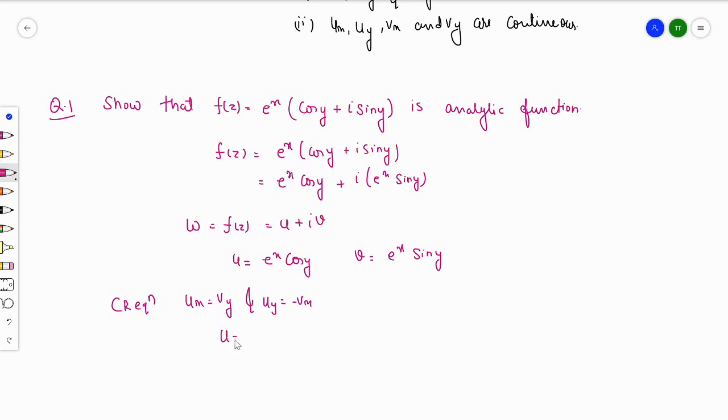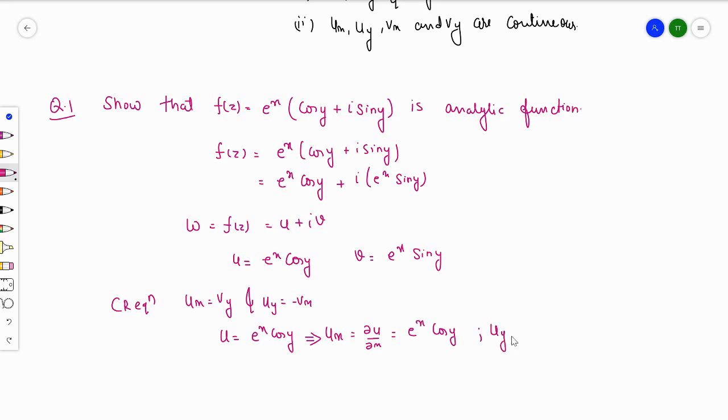So u is equal to e raised to power x cos y, so ux, the partial differentiation with respect to x, is equal to e raised to power x cos y, because when we are doing partial differentiation with respect to x, the y variable is constant, so cos y is a constant, and the differentiation of e raised to power x is e raised to power x. And what is uy?